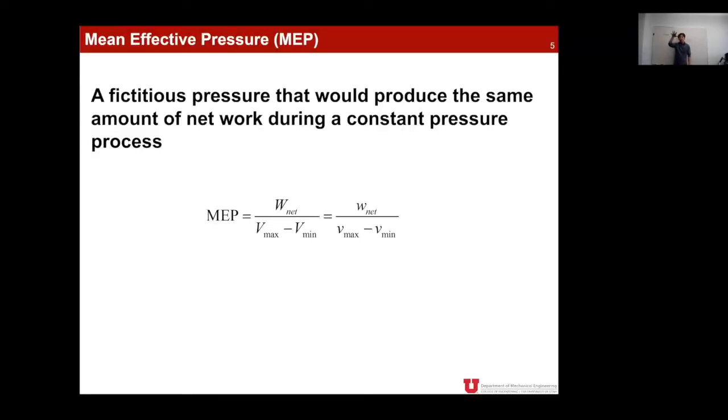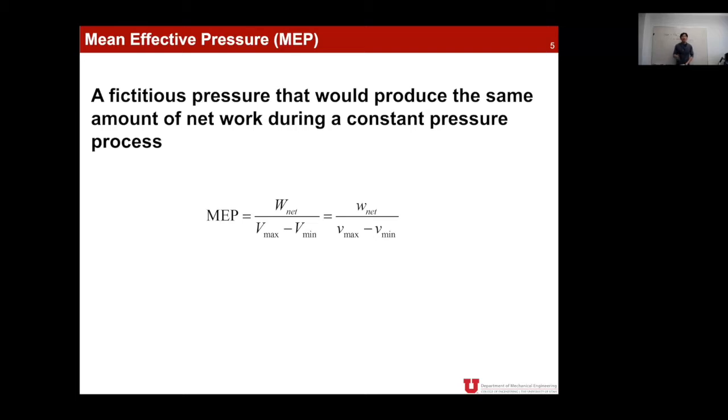Before we go over to talk about the power and efficiency and so on, let's briefly discuss the mean effective pressure, because the mean effective pressure is more relevant to the indicated work.